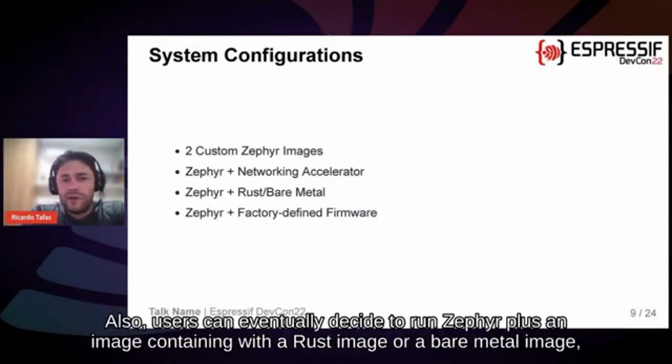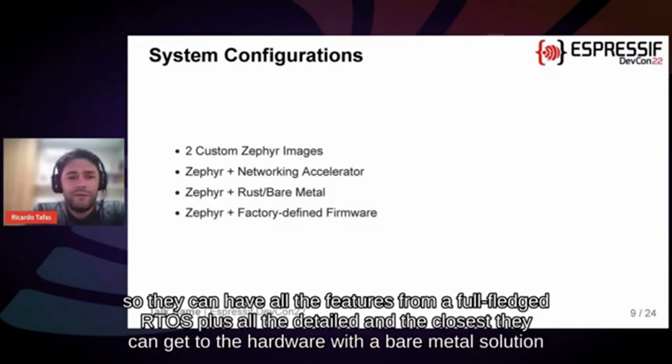Also, users can eventually decide to run Zephyr plus a Rust image or a bare metal image. So they can have all the features from a full-fledged RTOS plus all the detail and the closest they can get to the hardware with a bare metal solution.